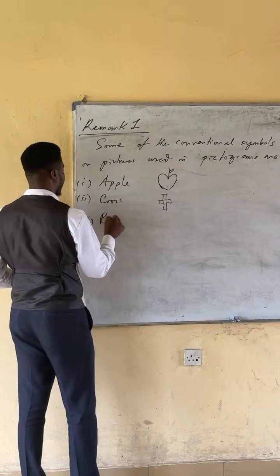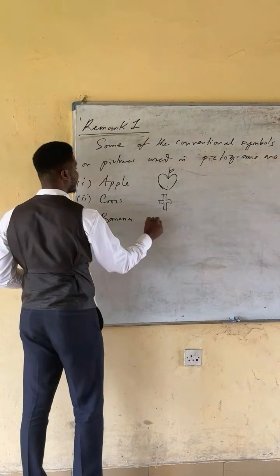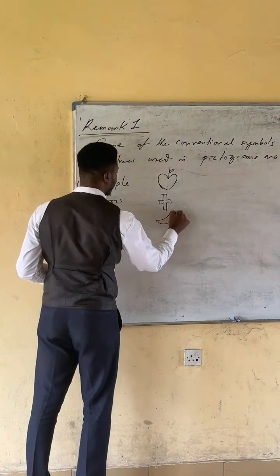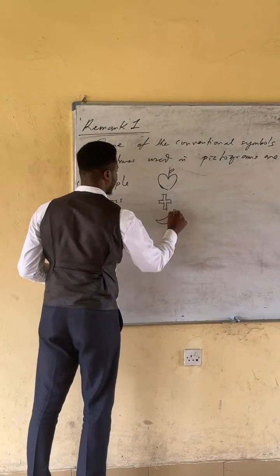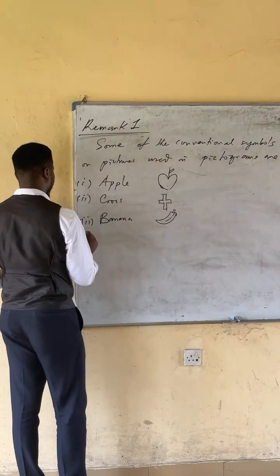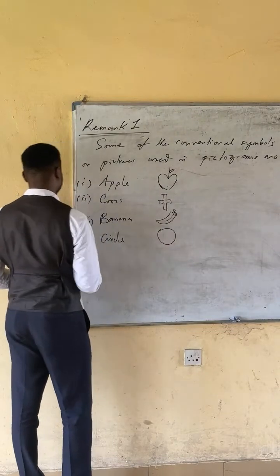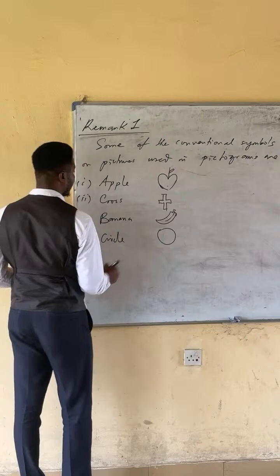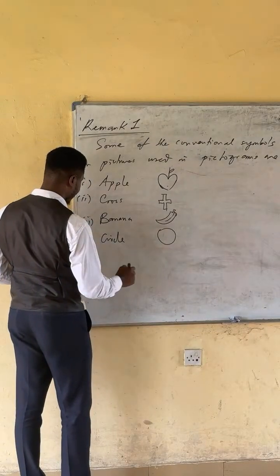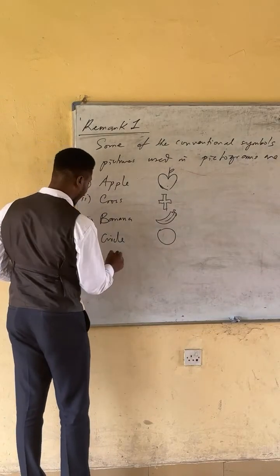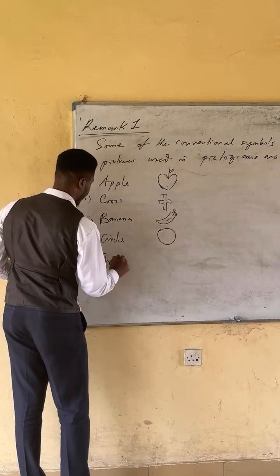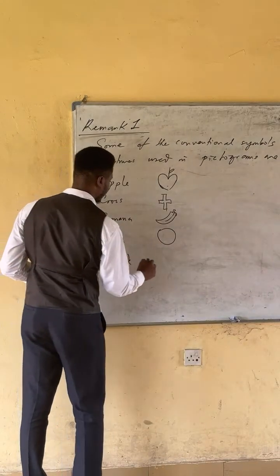You could have the banana, which is often used also. Then you could have the circle, often used. You could have the triangle.